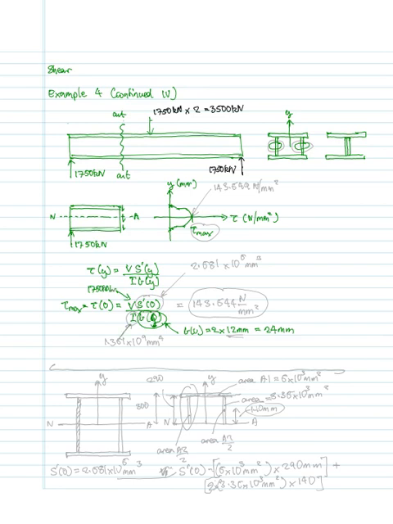Therefore, it should be clear that B must be 2 times the web, so B of 0 must be equal to 2 times 12 millimeters, since the thickness of each web member is 12 millimeters, so that's going to be 24 millimeters.